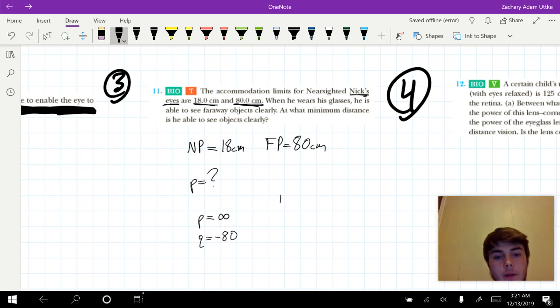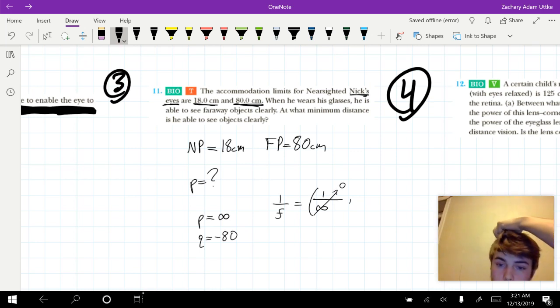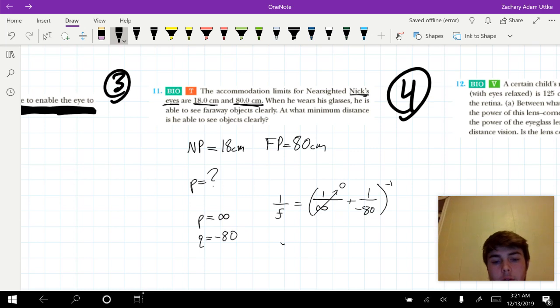And from this we can figure out the focal length. So 1 divided by infinity is 0, plus 1 divided by negative 80, inverse. So the focal length is going to be negative 80 centimeters.